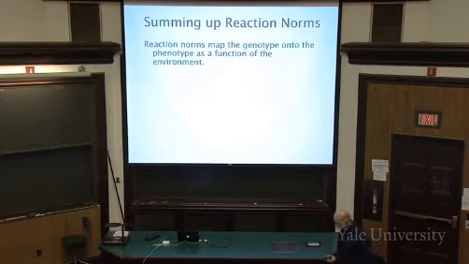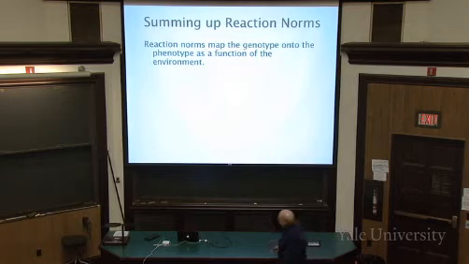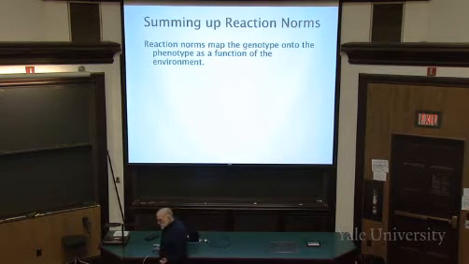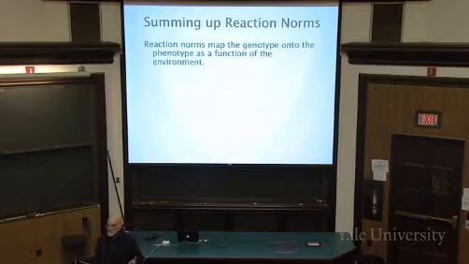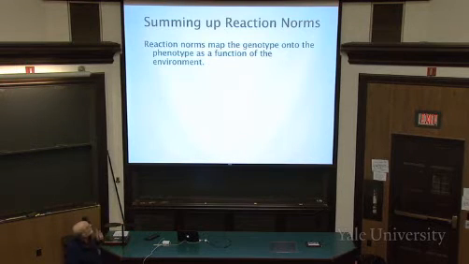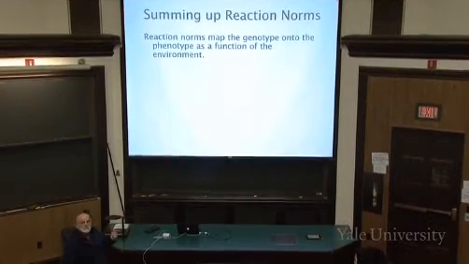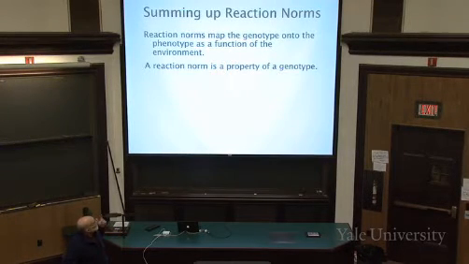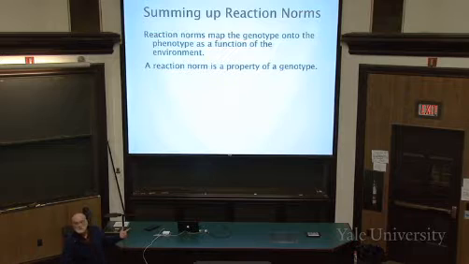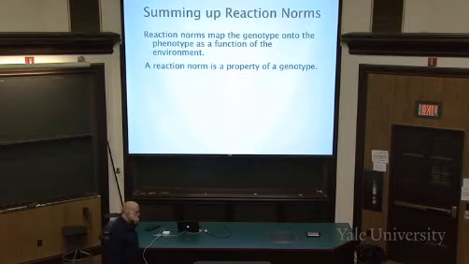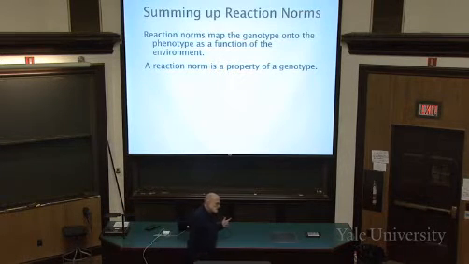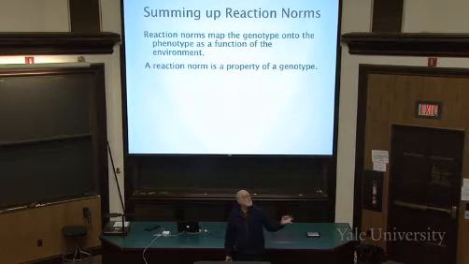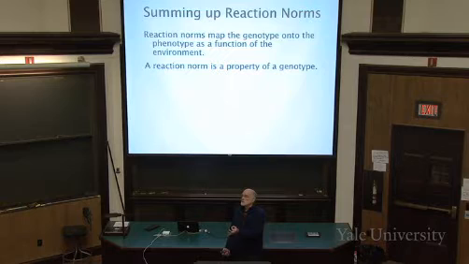So to sum up on reaction norms, a reaction norm is a description of how genes are mapped into the phenotype as a function of the environment. They are properties of genotypes. So if you really want a proper, rigorous way of measuring a reaction norm, you have to be able to clone the organism so you can get the same genotype replicated and then tested in different environments.